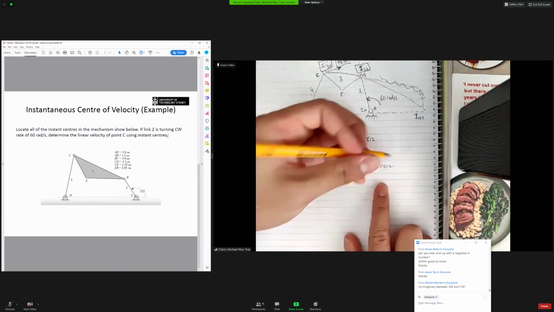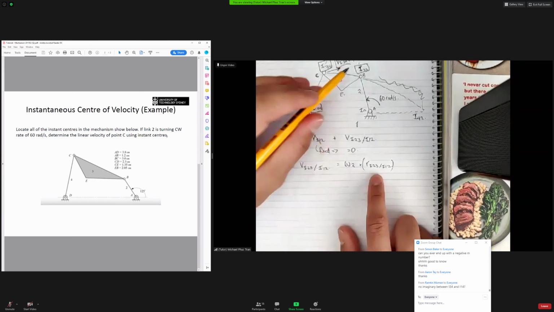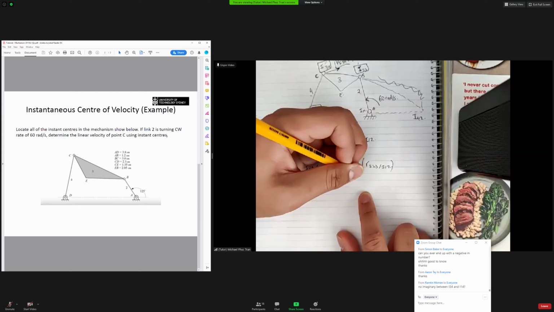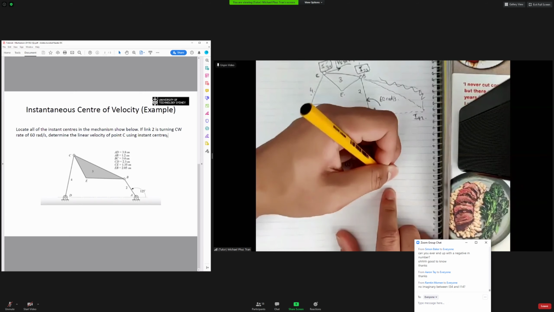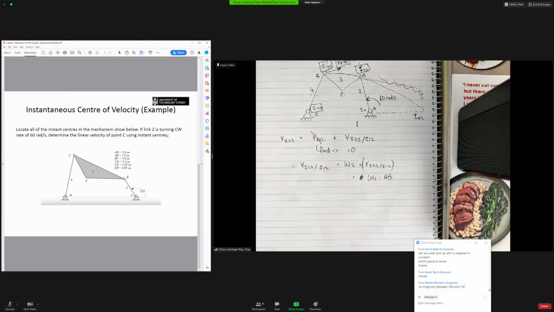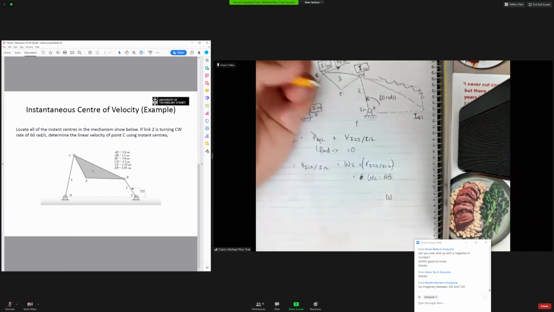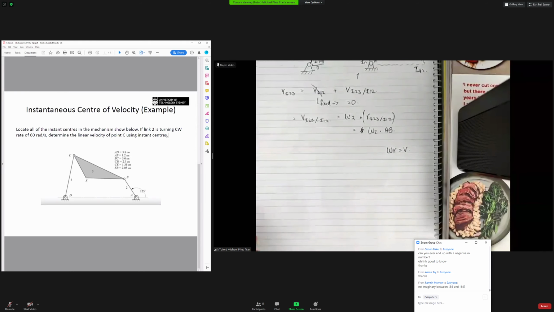So that term there is just the distance between this point and that point. Or you could say W2 AB, right? Because obviously V equals WR, right?